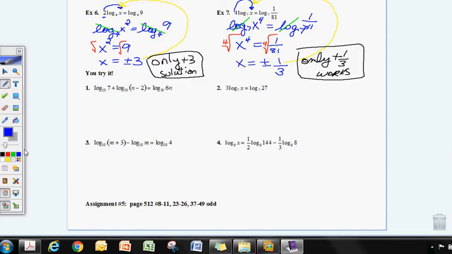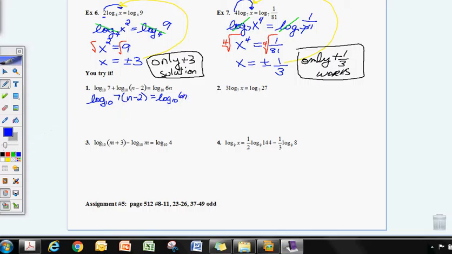Okay, so now that you're done pausing, let's see if you did these correctly. For this first one, since it's a plus sign and there's 2 logs on the left, I need to rewrite that as log base 10 of 7 times n minus 2 is going to equal log base 10 of 6n.